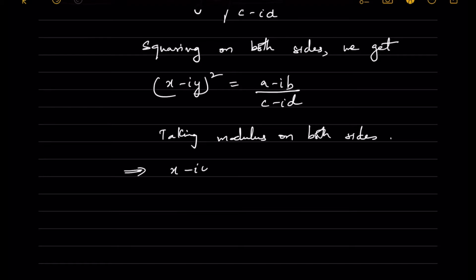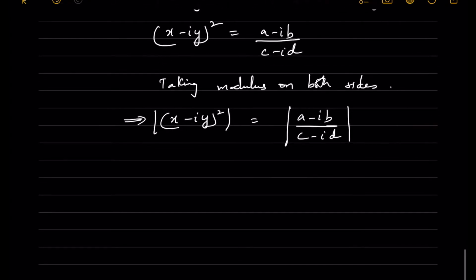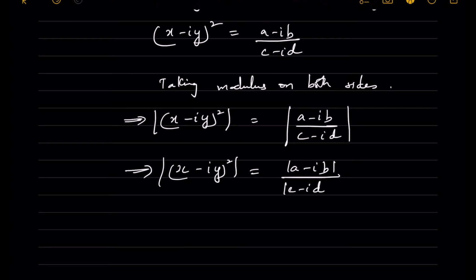Mod of x minus iy whole square is equal to mod of a minus ib by c minus id.